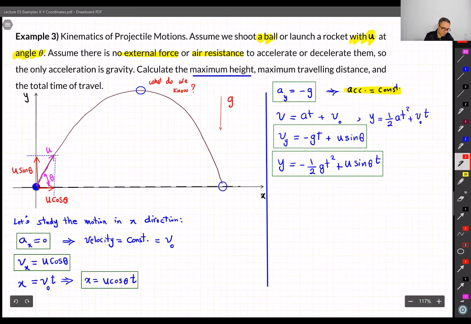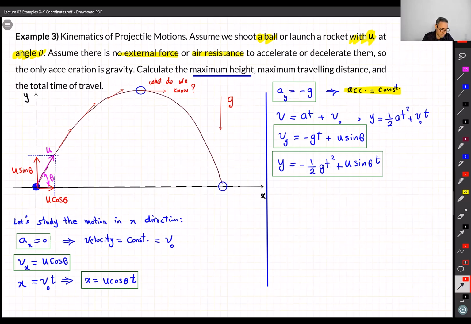See, when this thing is traveling, it has velocity. The velocity is always tangent to the path, and when it gets to the top, the velocity is going to be horizontal. So then easily we figure out that Vy is 0.